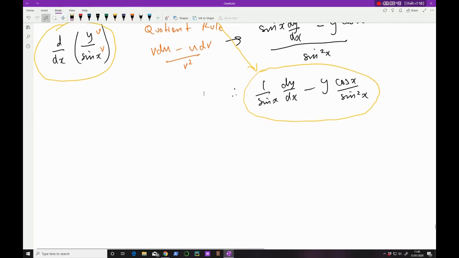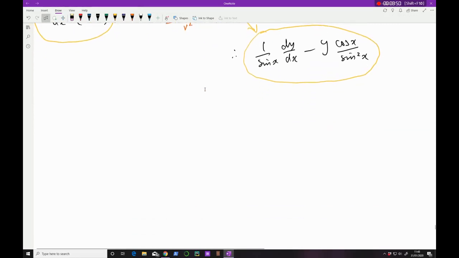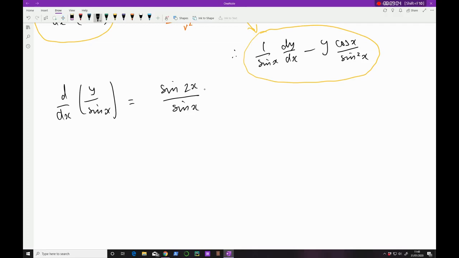Okay, so remember, this is an exact derivative. So the left hand side simply becomes d by dx of y over sine x equals sine 2x over sine x. And this is our current story so far.